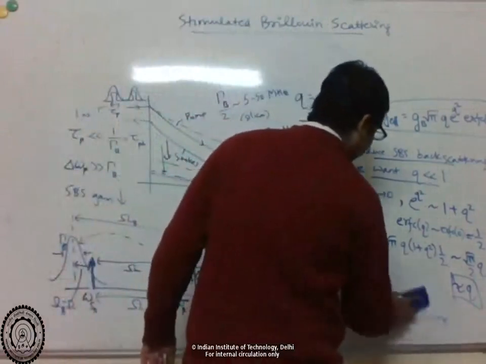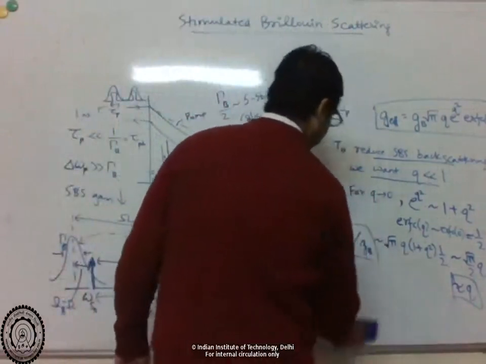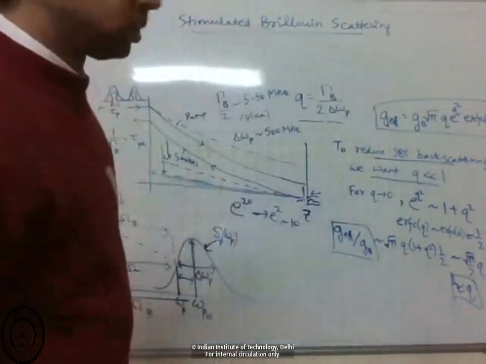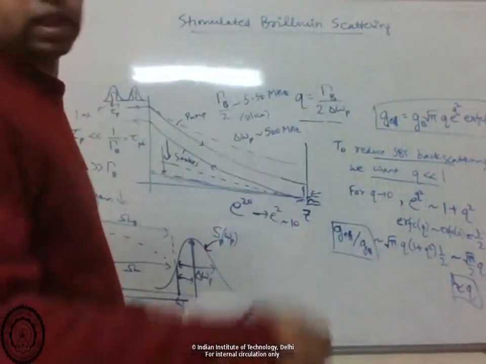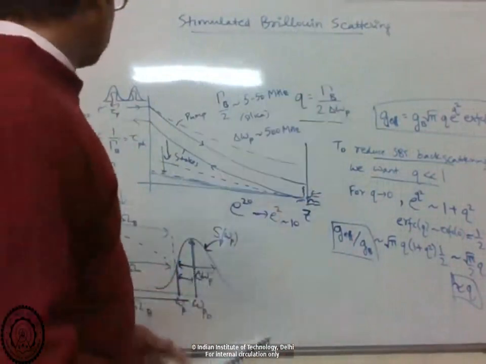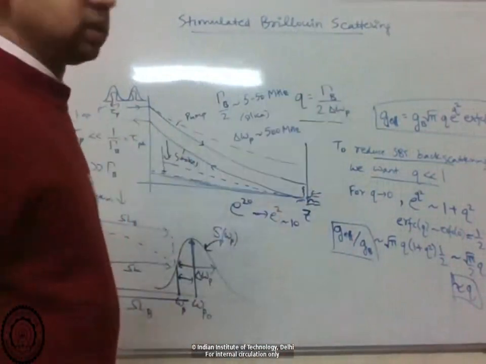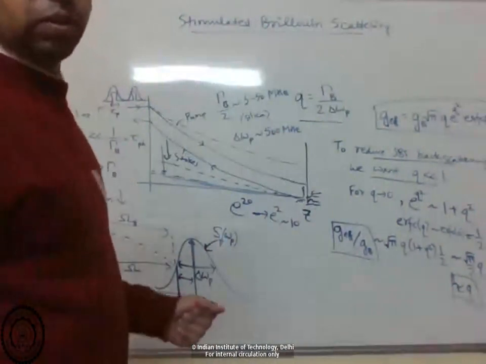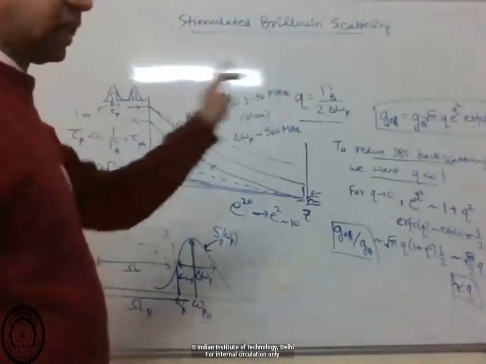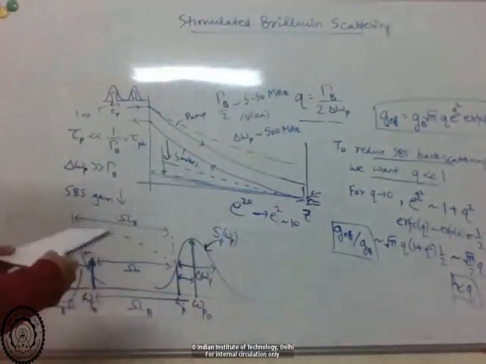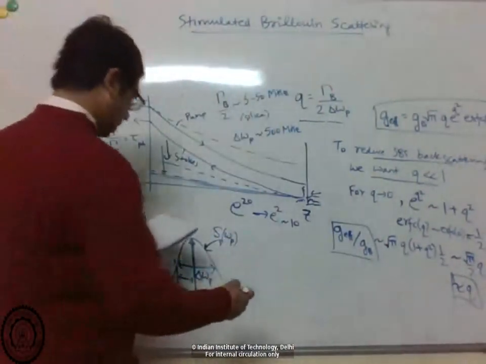Let's say you want a strong pump wave propagating in a fiber to do some other kind of nonlinear process. So you want to eliminate Brillouin, but have some other nonlinear process, and you want a CW, constant intensity pump. Then you can do phase modulation.